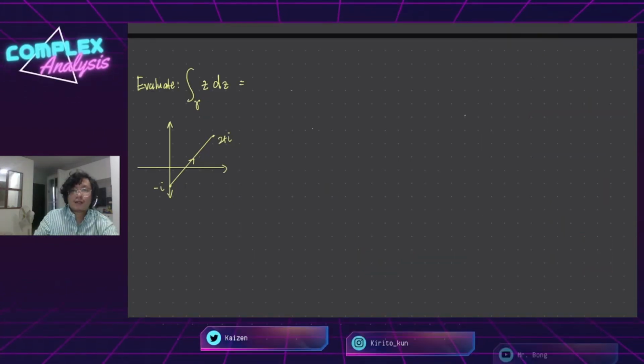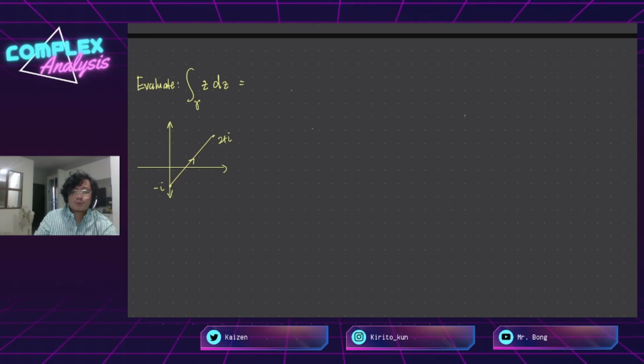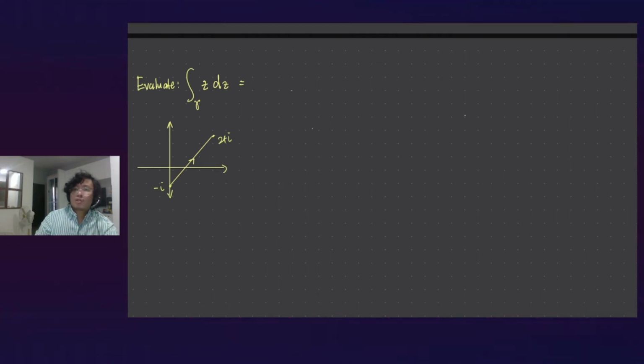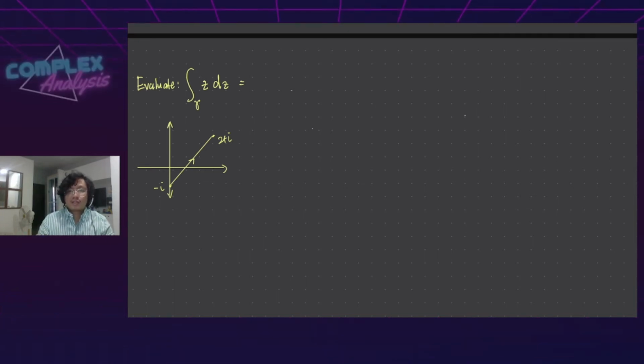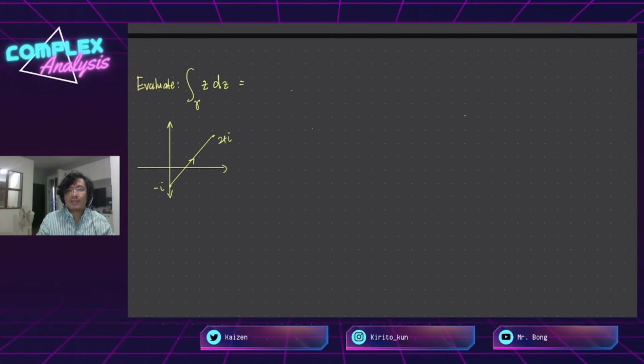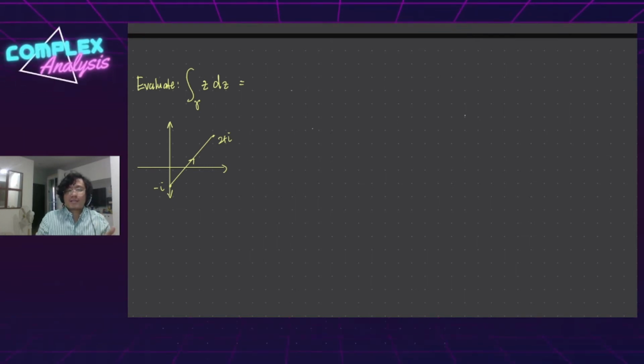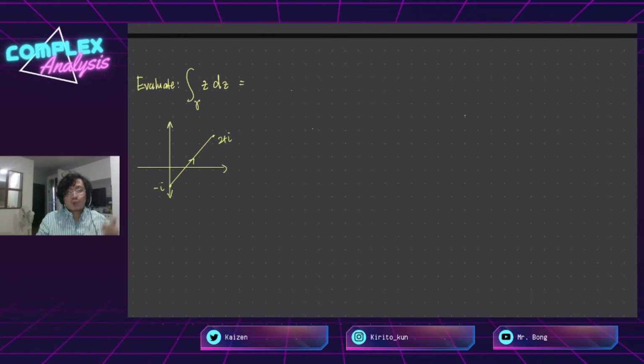Okay, so let's have another example. We are tasked to evaluate the integral of z dz under the curve gamma. We always start by parameterizing the path. In the first example, or the second example, the path is a line, and therefore we should use the parameterization here with z1 as minus i. But first, if you want to solve a complex line integral, you need to write the formula or definition of complex line integrals.